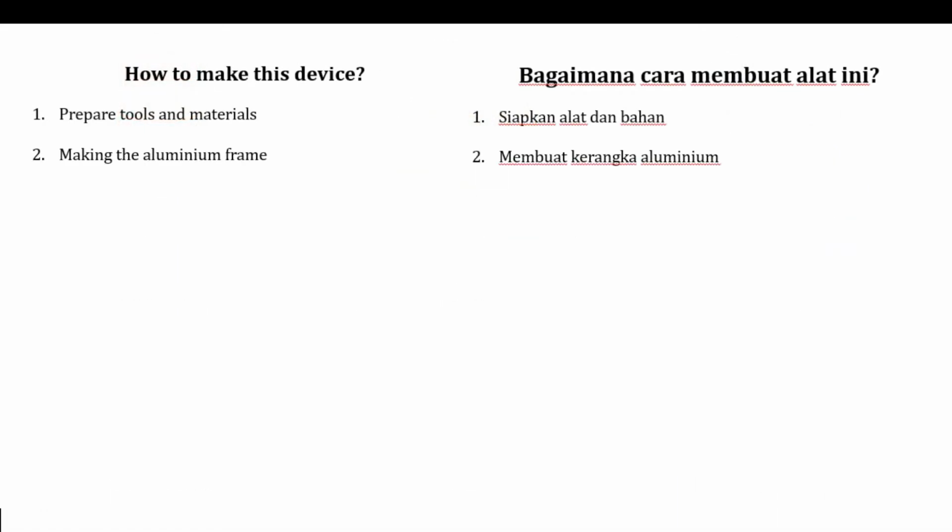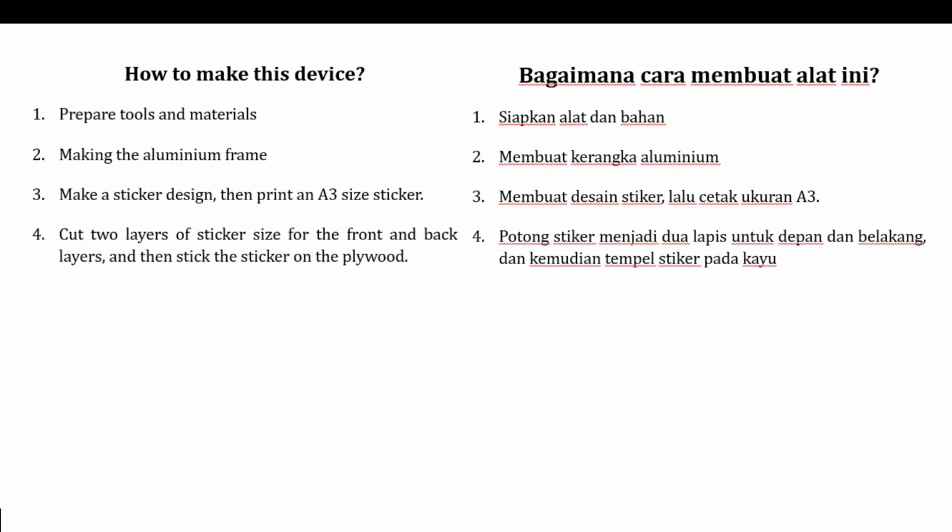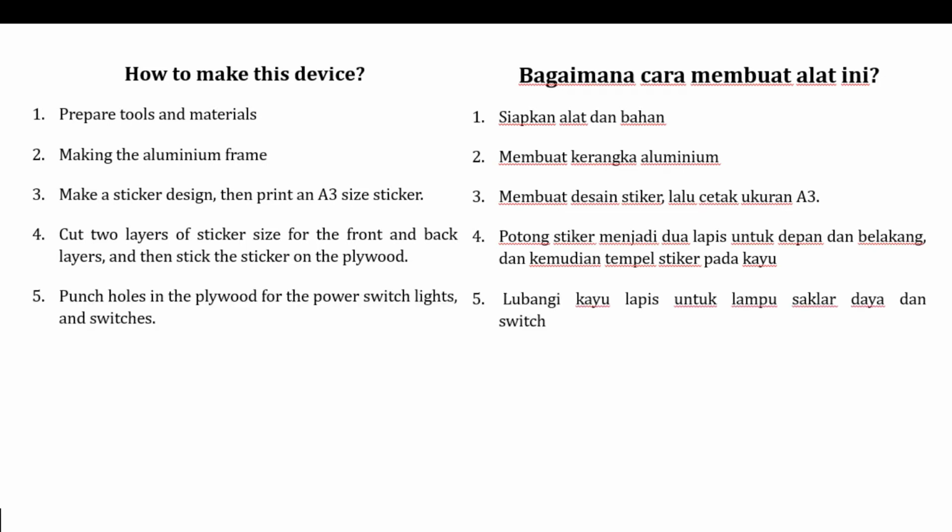The second, making the aluminum frame. Third, make a sticker design, then print an A3 size sticker. 4. Cut 2 layers of sticker size for the front and back layers, and then stick the sticker on the polywood. 5.